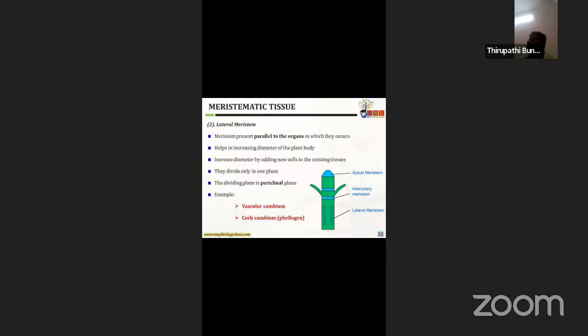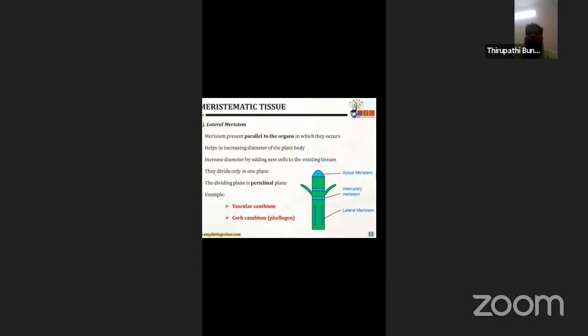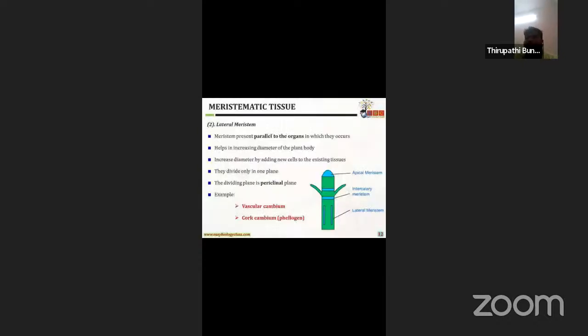Okay, third one, intercalary meristem, increasing the nodes and internodes. Meristem presence between permanent tissue. Next, they are actively growing regions behind the apical meristem.